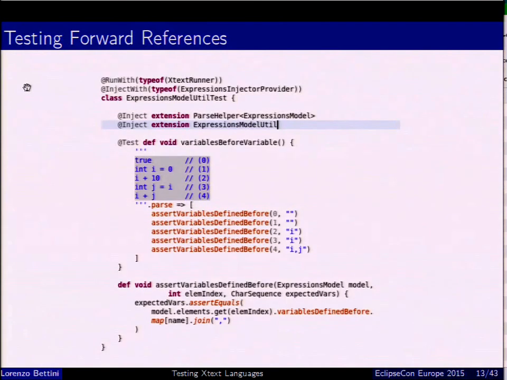So for instance, given this program, I can check that here there should be no variables declared before. Here, no variable. Here, I expect that i is returned. Here, I expect that i and j are returned. Okay? So now this model util class works as expected.